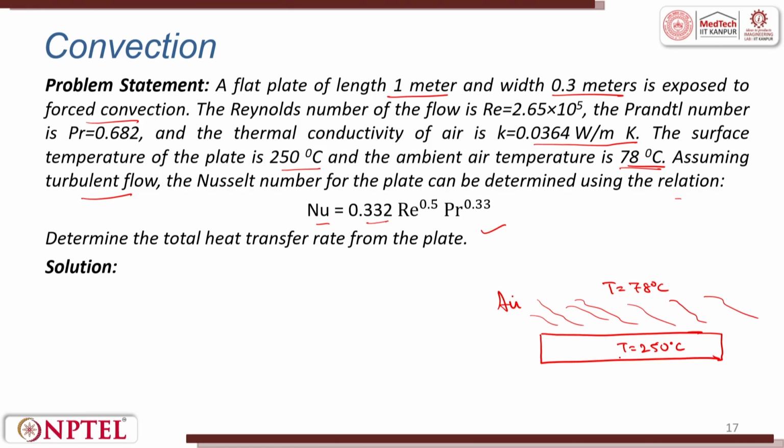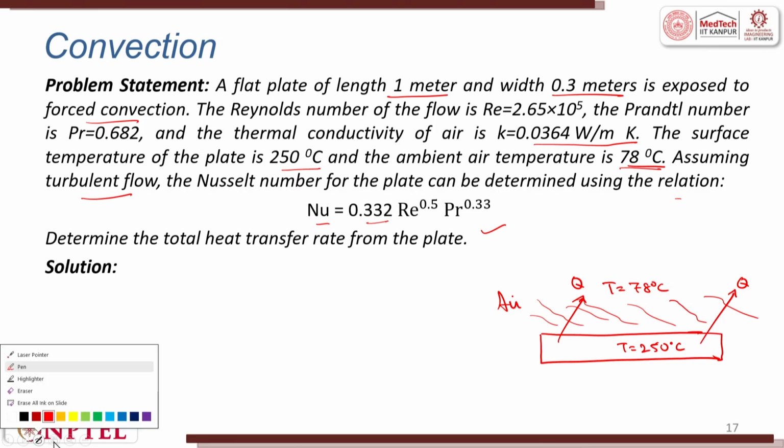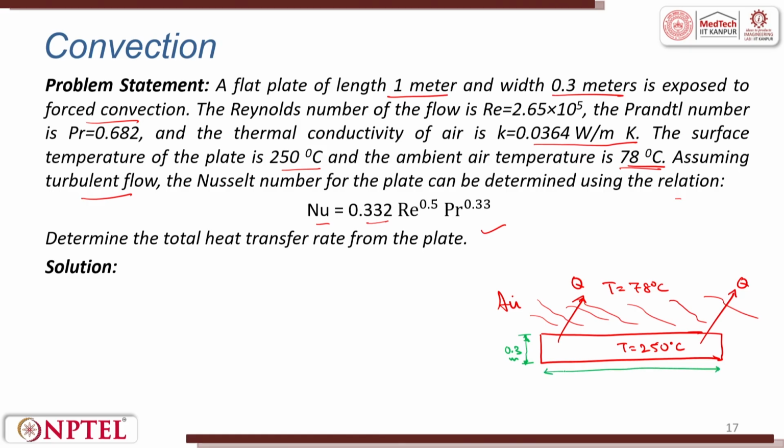Because this is at higher temperature, the heat will flow out of this, that is Q is coming out through convection. We have the dimensions of the plate, that is it is 0.3 meters of width and 1 meter of the length. This is 1 meter.